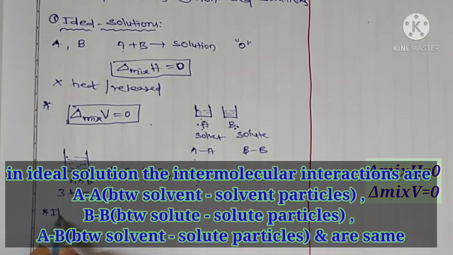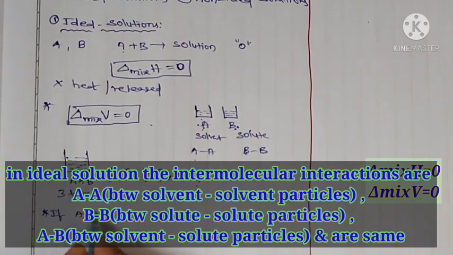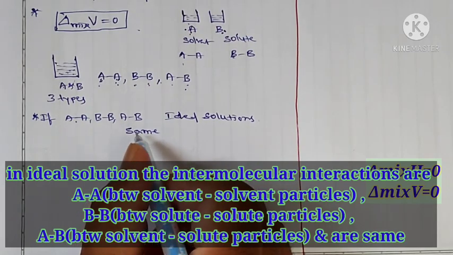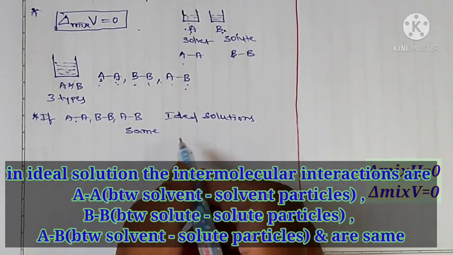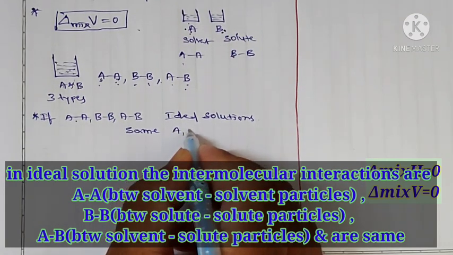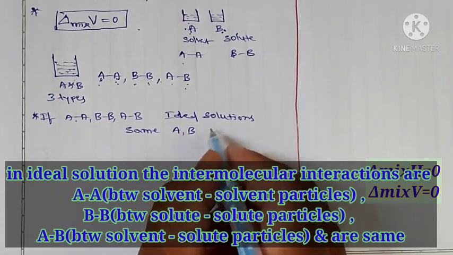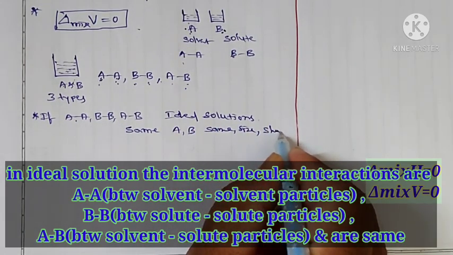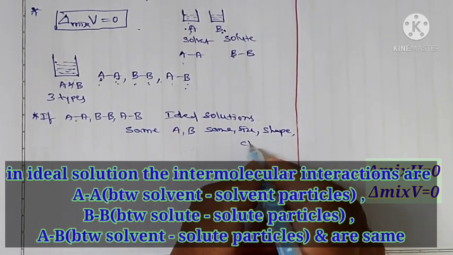So if these three intermolecular attractive interactions, AA, BB, AB, are the same, it leads to the formation of ideal solutions, because A and B have the same size, shape and character.